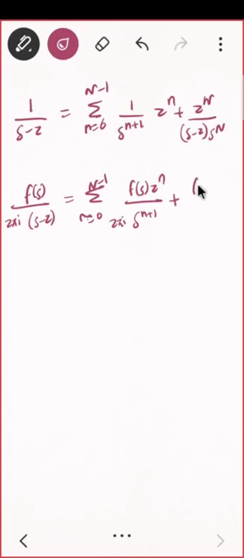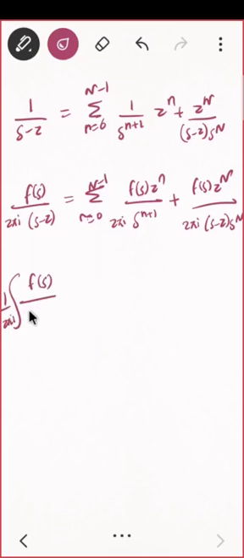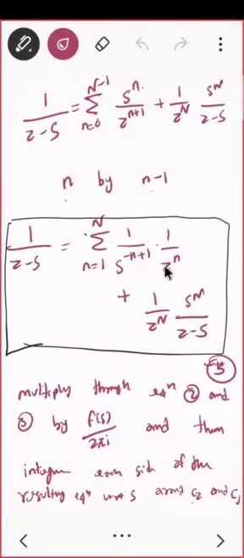Here also it will be f of s z raised to n upon 2 pi I into s minus z into s raised to n. Now integrate this with respect to C2. So it will be 1 upon 2 pi I, you can take it outside, and this will be f of s upon s minus z ds over this C2, correct? So this will be your first part.